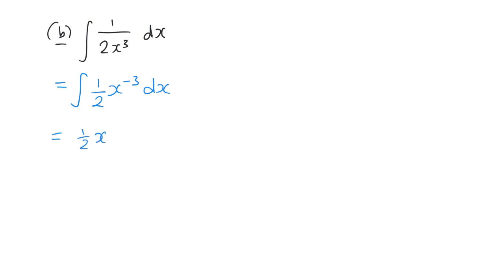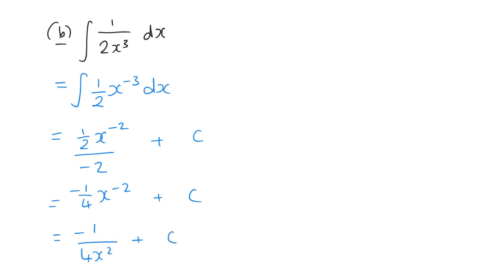Add 1 to the index and you get minus 2. Just be careful with your minus signs. Then we're dividing by minus 2, and remember your plus c. Tidying that up, we get minus a quarter x to the minus 2 plus c, or we could write that as minus 1 over 4x squared plus c by bringing your x to the power minus 2 down again.